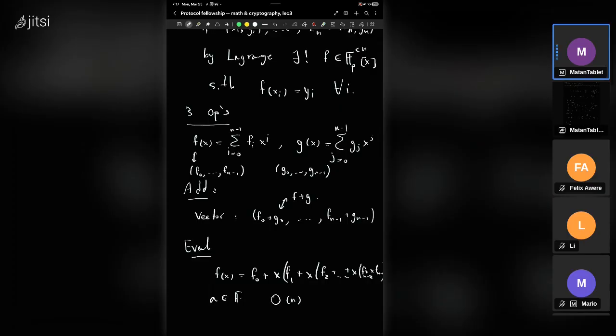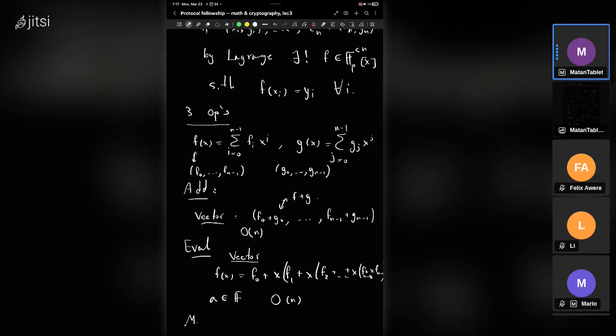Right? You see that using this formula, you have n operations. So if you give me f in vector representation, using the Horner rule, I can do it in O of n. Also, addition I can do in O of n.